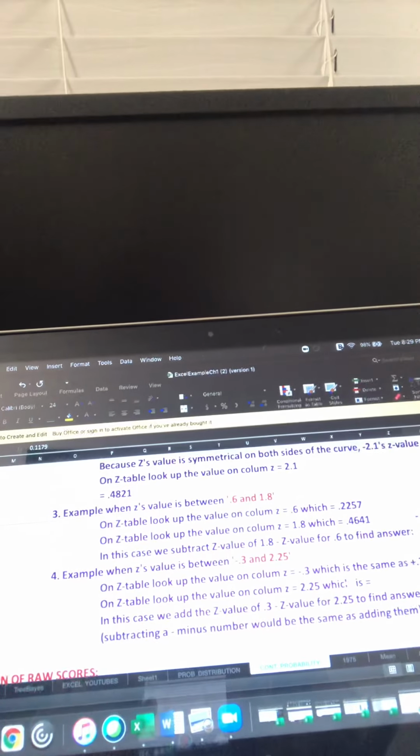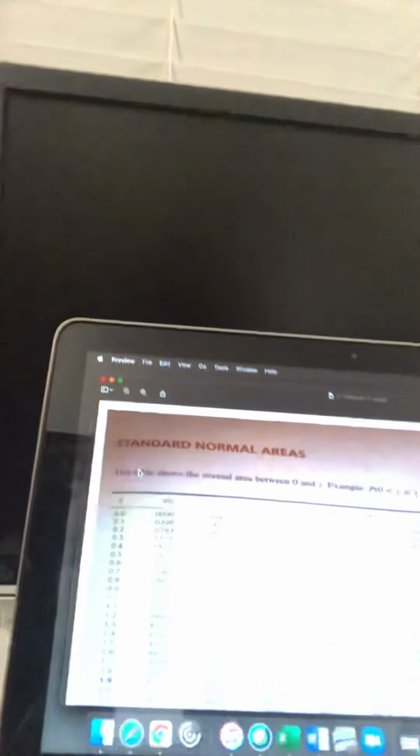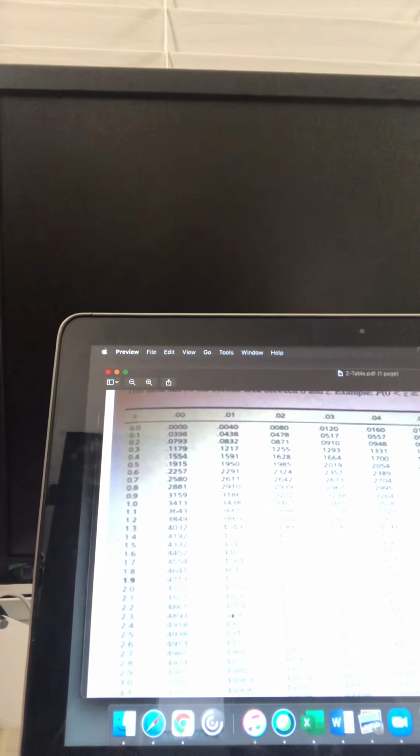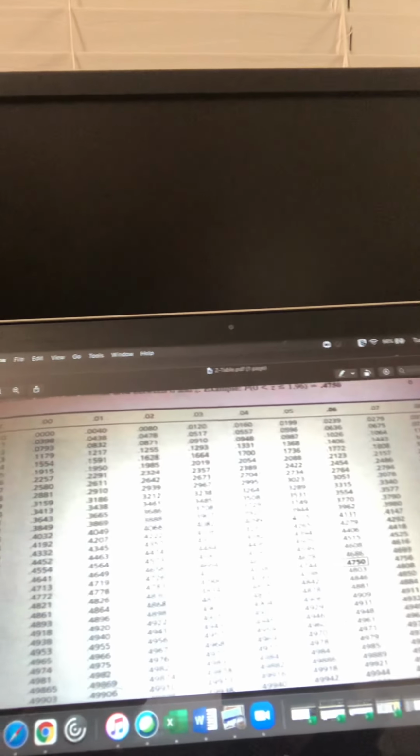For 2.25, the way we're going to look that up is a little bit differently. So we go down the z column, we look at 2.2, but what we want to do is go across the row until we get to 0.05 up here. So in that case, 2.25 is going to fall under this value right here, which is 0.4878. We make a note of that.